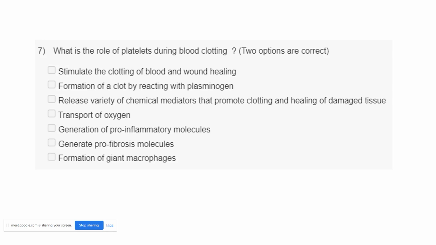What is the role of platelets? Yes? I think 1 and 6. Sorry? 1 and 6. 1 and 6.